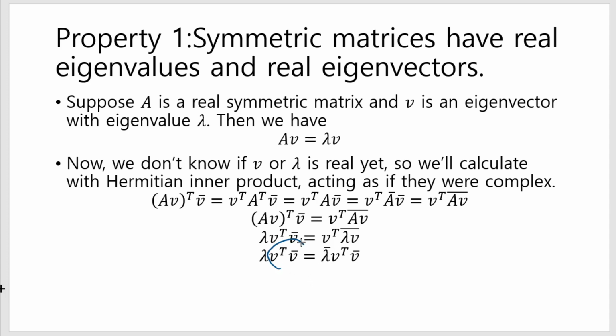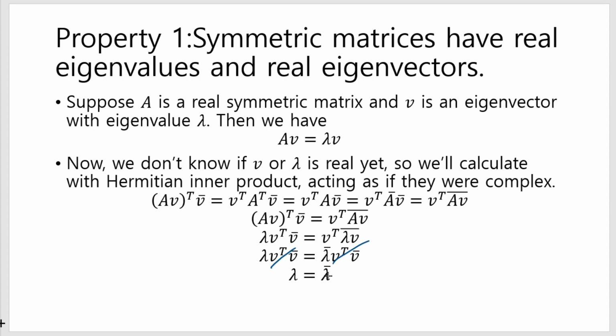Now, notice that these are the norms of V as before, right? So if you divide both sides by this, remember, V is a non-zero vector, so its norm cannot be 0. So if you divide, you end up saying lambda satisfies that its complex conjugate is equal to itself. And the only way that this could be true is if the imaginary part is 0, because if it has a non-zero imaginary part, then it will be negated, so these two should be different.